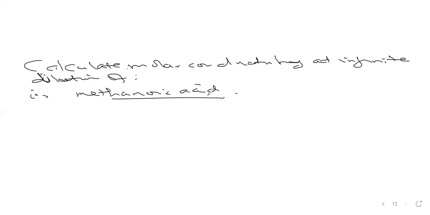So how do you get molar conductivity at infinite dilution of methanoic acid? Methanoic acid is this acid here. If you want its molar conductivity at infinite dilution, the formula you will use is molar conductivity at infinite dilution of the methanoate ion plus molar conductivity at infinite dilution of the hydrogen ion.